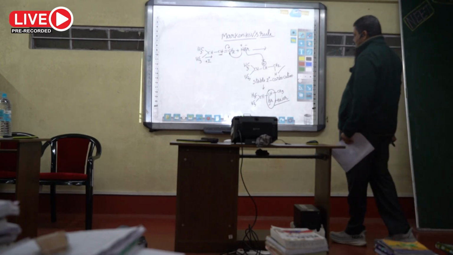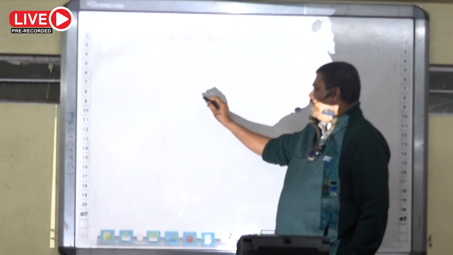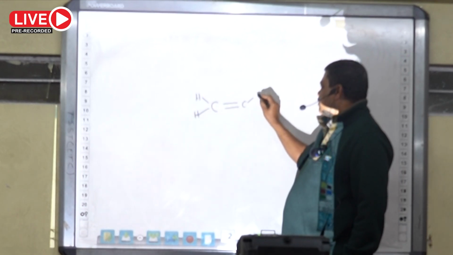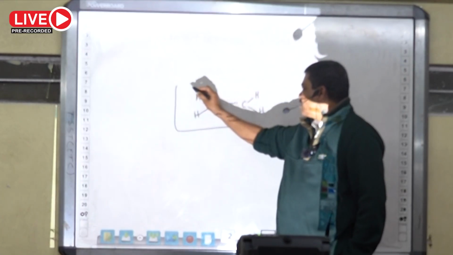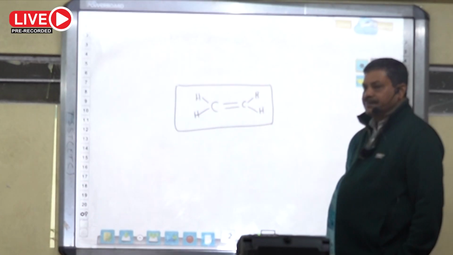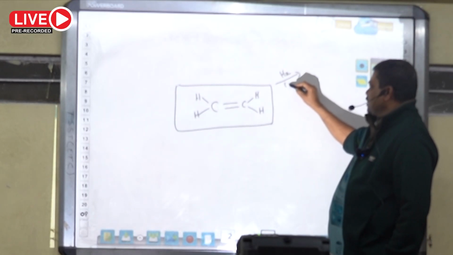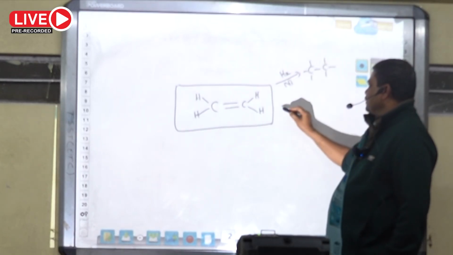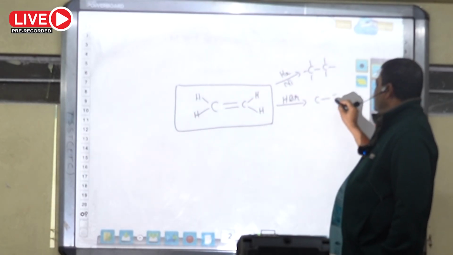So in this context, if you take an alkene and treat it with H2 in the presence of nickel, you will get an alkane. If you treat with HBr, H and Br are added.